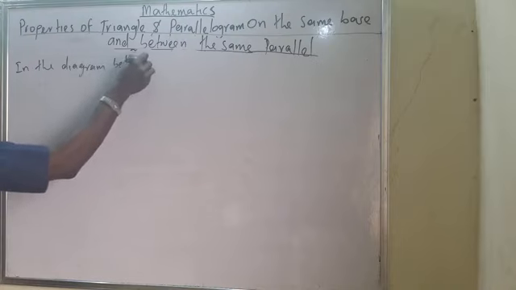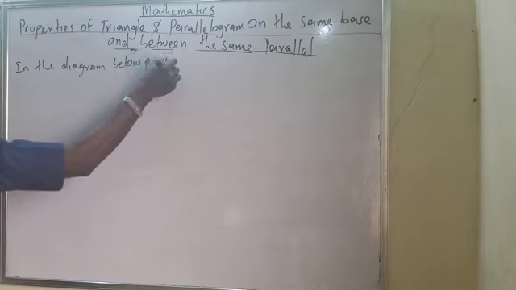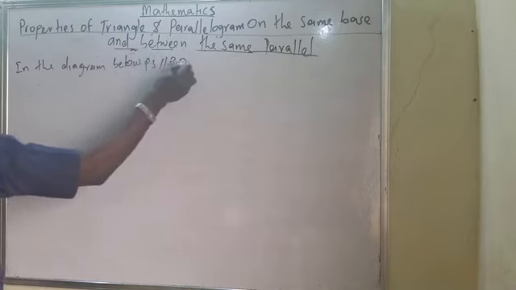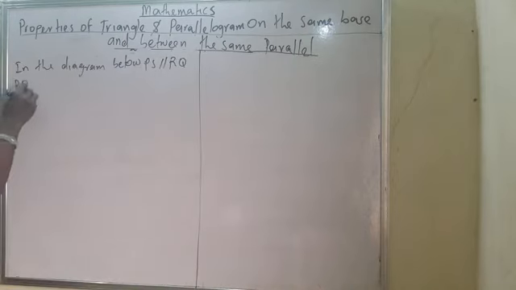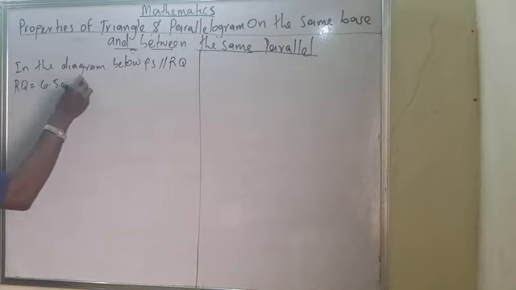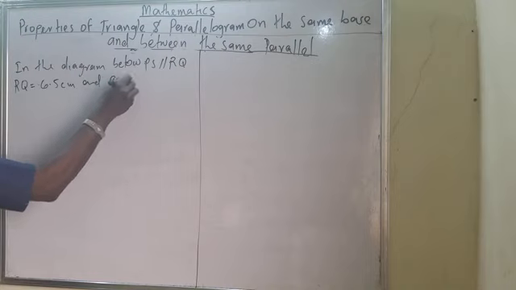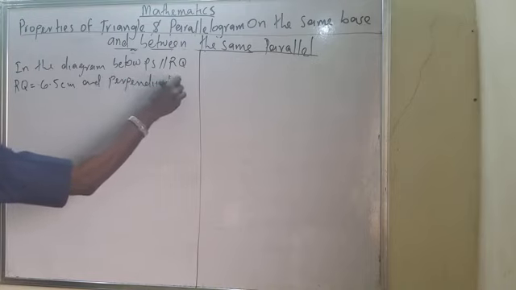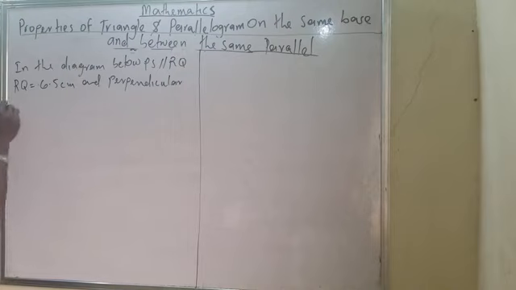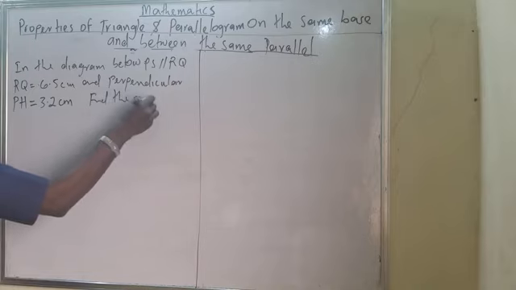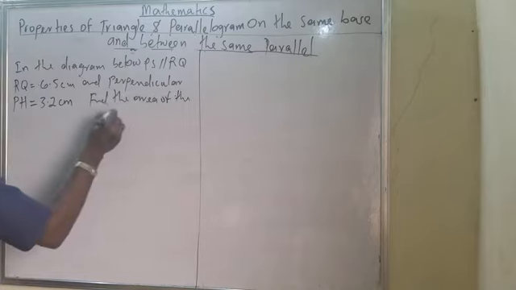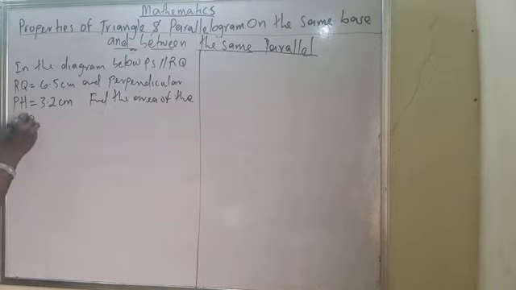This is the question: PS is parallel to RQ, RQ equals 6.5 centimeters, and the perpendicular PH equals 3.2 centimeters. Find the area of SQR.